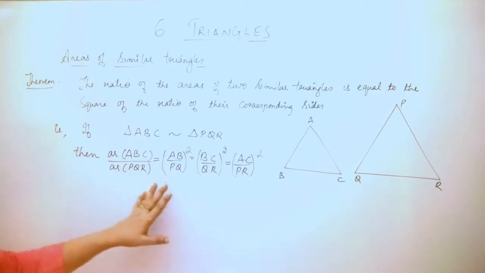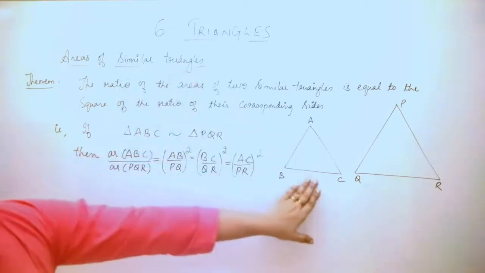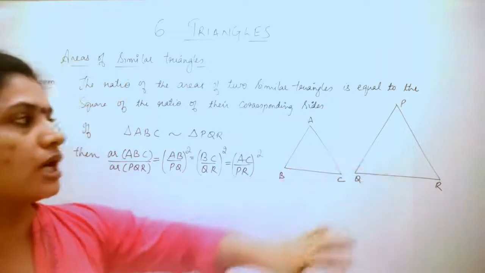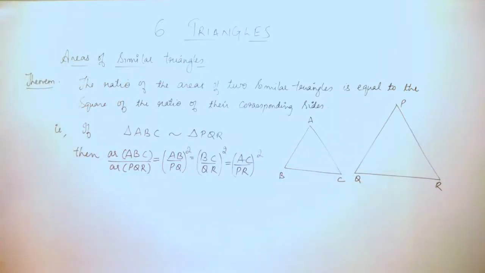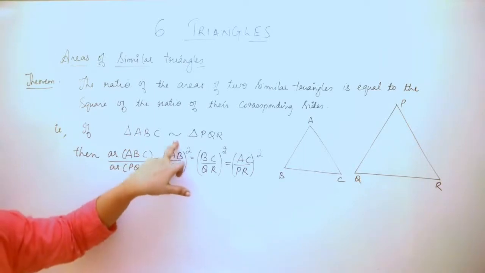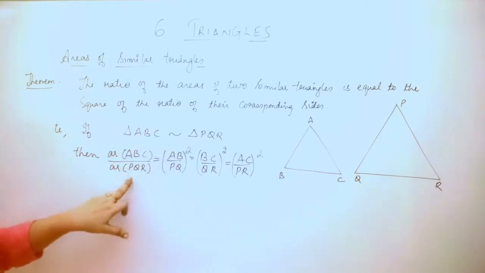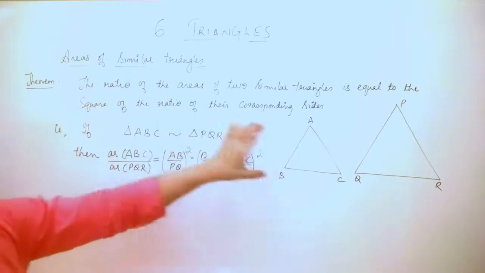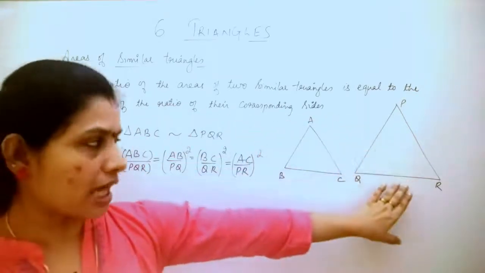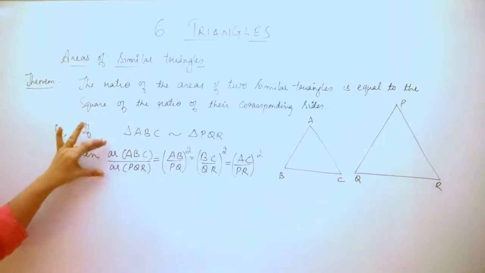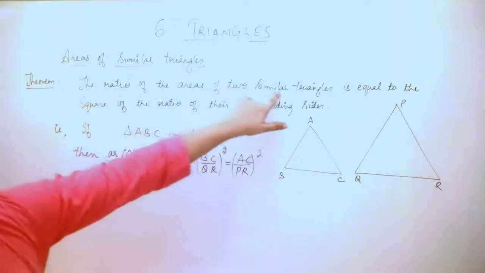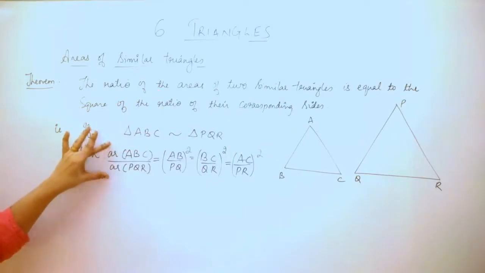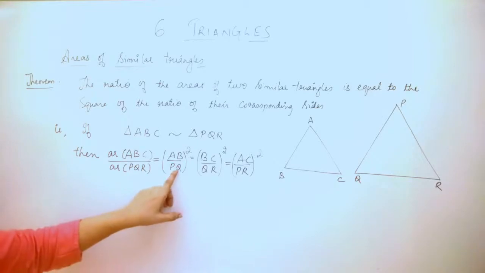Now what the theorem statement is: if you are given two similar triangles, suppose triangle ABC and triangle PQR are given to be similar in the question, then according to this theorem what we can write is area of one triangle divided by area of the other one, that is the ratio of the areas of two similar triangles, will be equal to the square of the ratios of their corresponding sides.